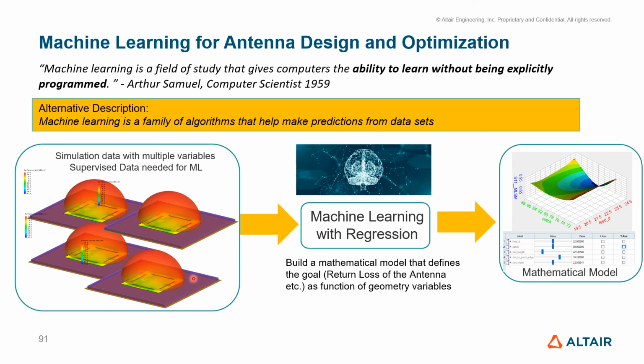So basically, you supply enough data so that the machine learning algorithm can learn how your model is behaving and creates its own mathematical model. Once a mathematical model is created, you don't need to run the physics simulation, but you can use the mathematical model to do the optimization, so it can become very, very fast in terms of doing things.